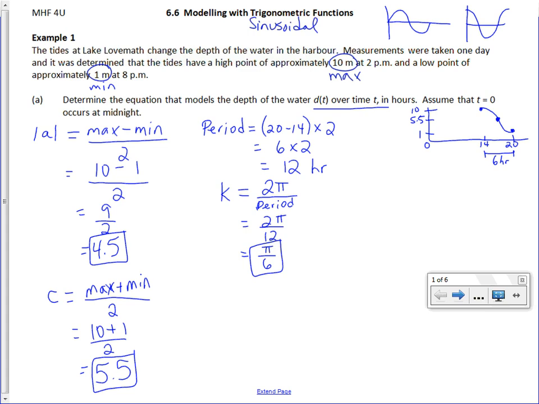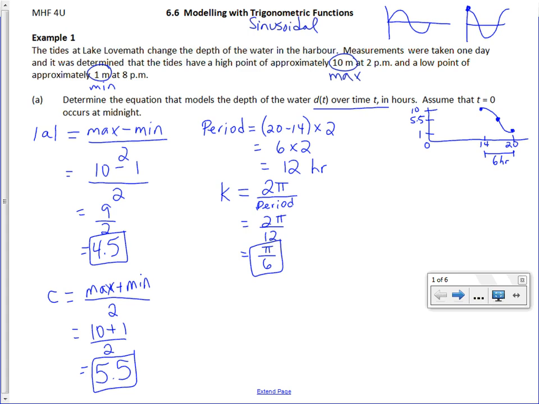Let's pick cosine. What that means is as soon as I choose my parent to be cosine, in my brain I should be going, okay, cosine starts at a max. I need to shift to the first max, wherever it's located. Any location of a max, that's where I need to shift to. That's what my D value needs to be.